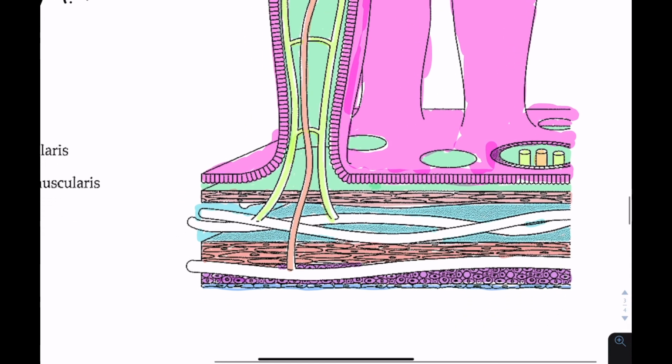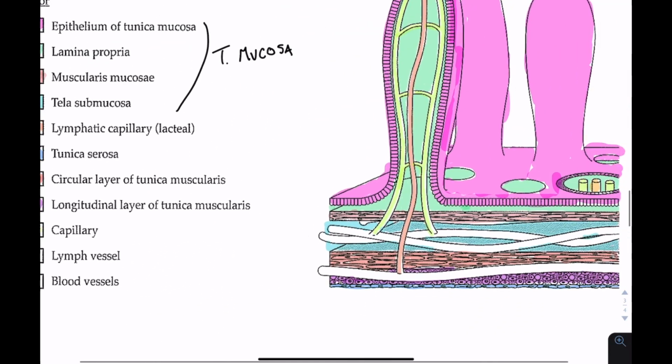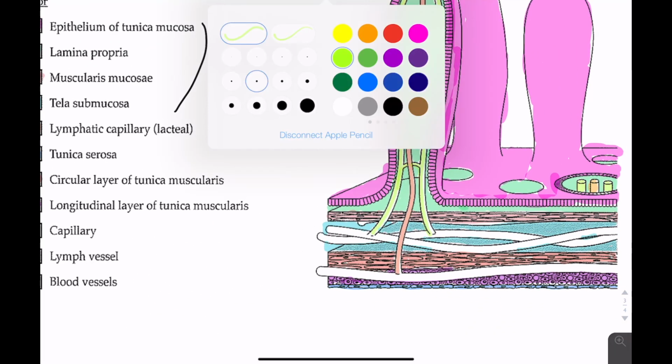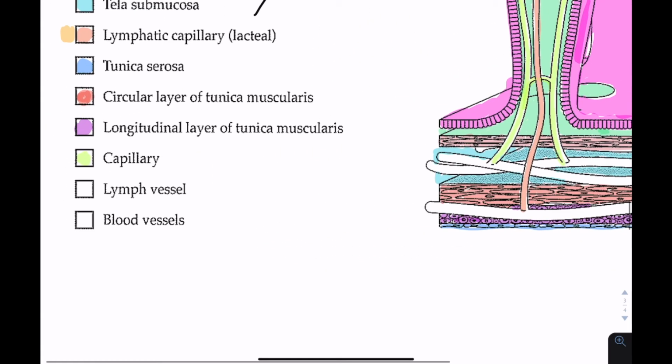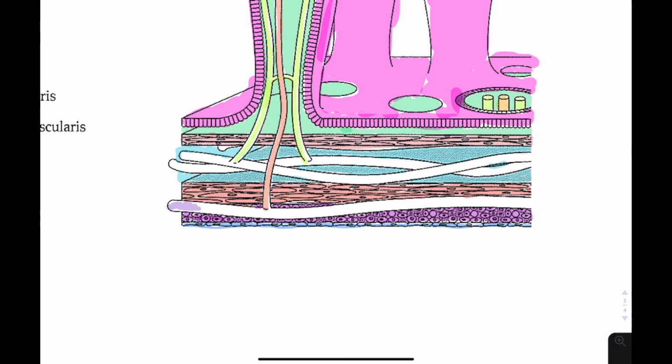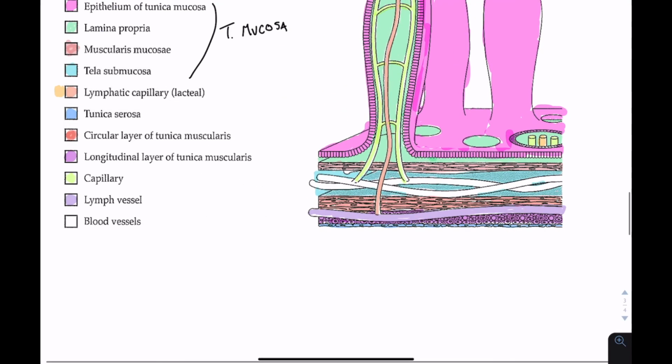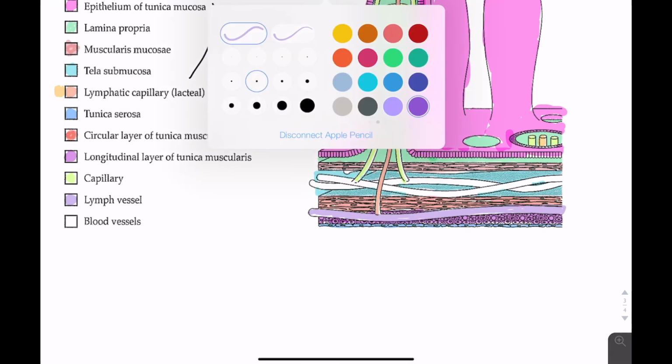And then finally, let's see, lymph vessel. So the lymph vessel is where that lacteal is coming off of. So I'm going to color this purplish. All right. And then finally we get our blood vessels, and I'm just going to do that in whatever color I can find that I have not used.